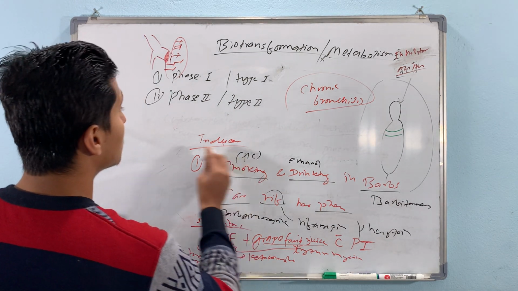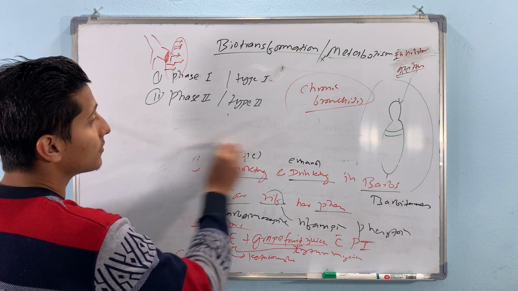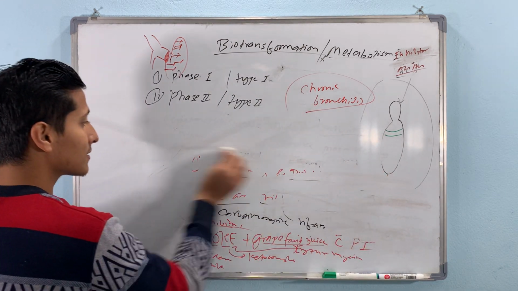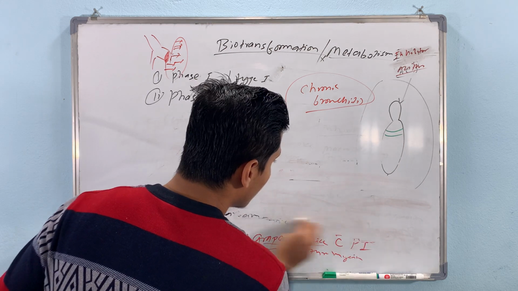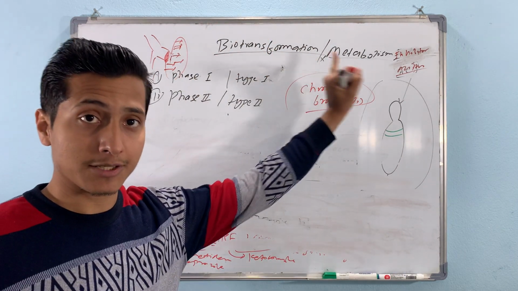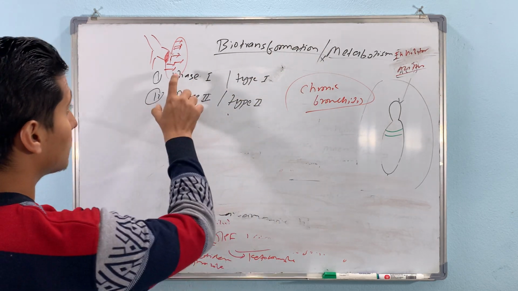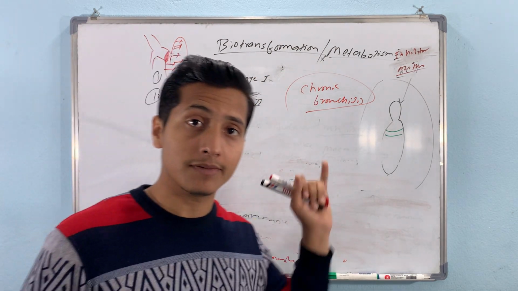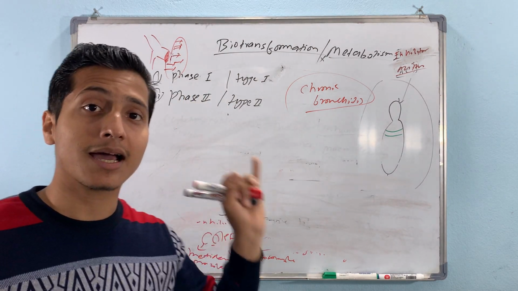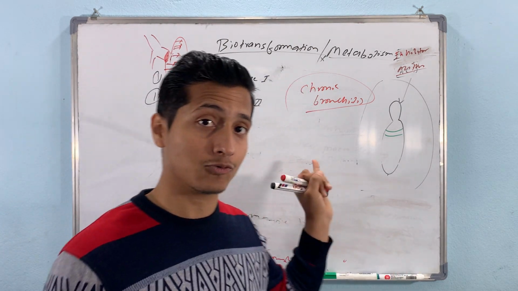Now let's get into another type of oxidation and reduction reaction. So till now we have covered biotransformation, right? Under biotransformation, we talked about the definition of biotransformation or metabolism. Then we talked about type 1 or type 2 reactions, or phase 1 and phase 2 reactions.